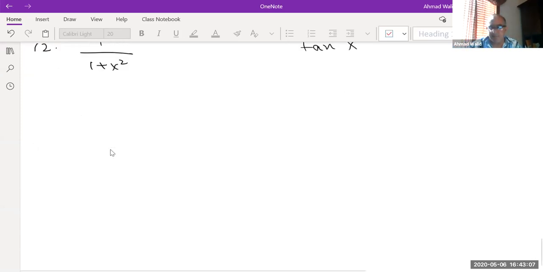Now, some examples from your book. Example number 2 of your book.